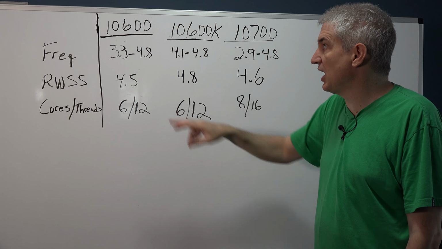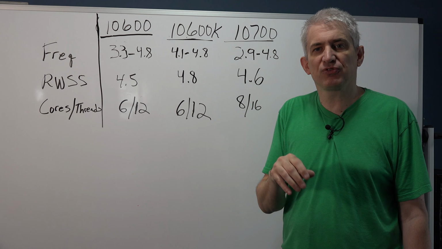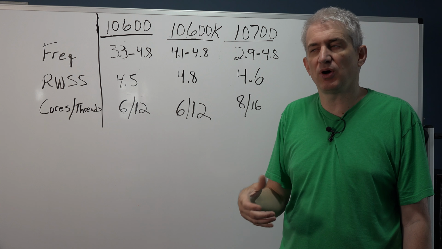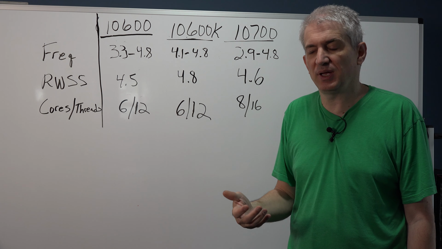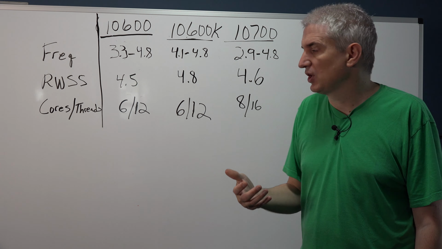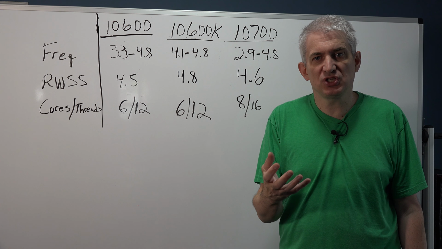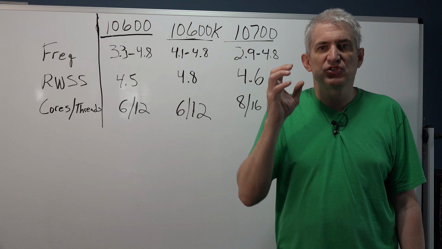Now, when we move over to the K version, things get a little bit different. Because it's an unlocked chip, we can enable something called enhanced turbo, also called multi-core enhancement, various other things. But what it tells the chip is, stay at the max single core turbo frequency, which is 4.8, forever. Okay? We tell the chip, hey, it's okay.